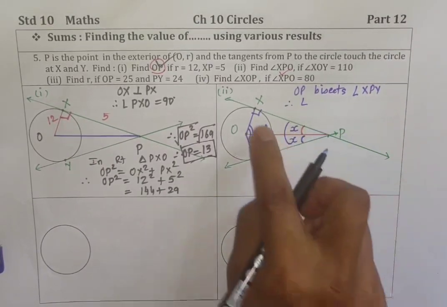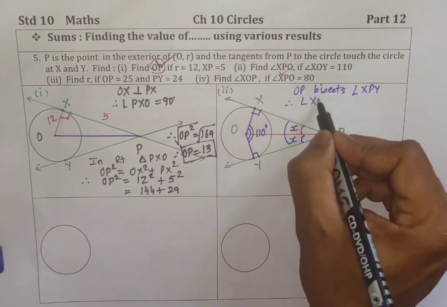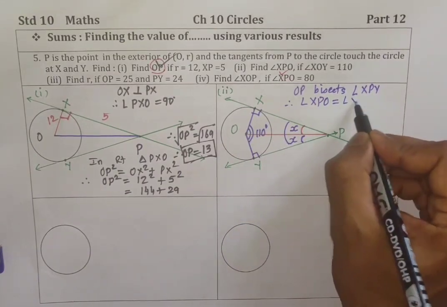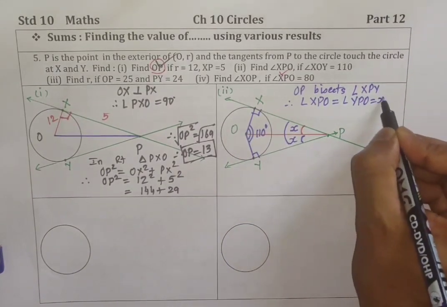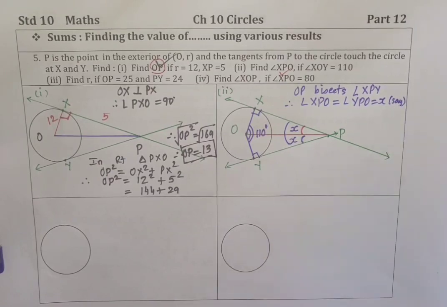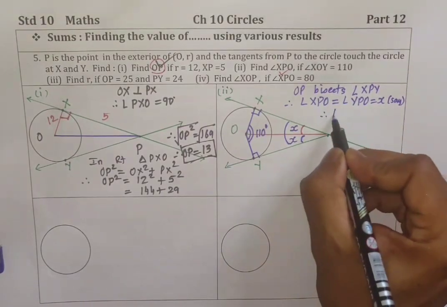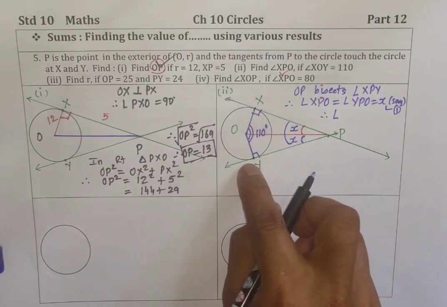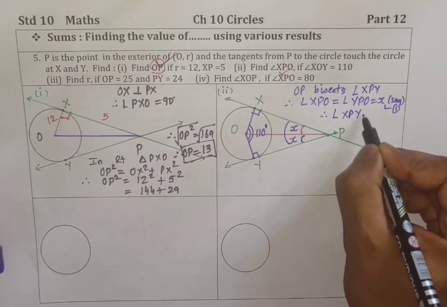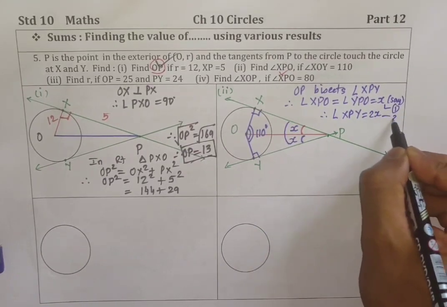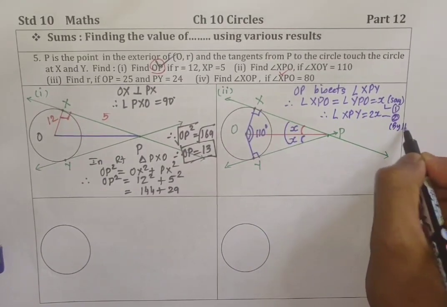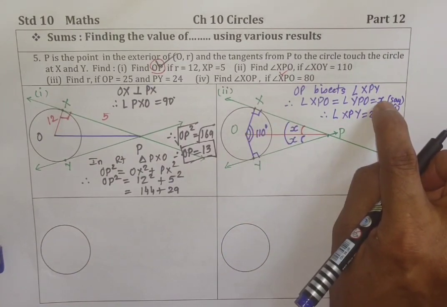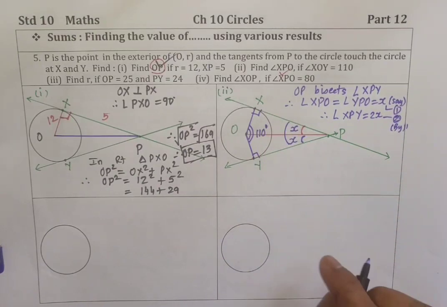Therefore, angle XPO is equal to angle YPO, which is X. Correct? Call this result 1. Therefore, angle XPY is equal to 2X. Call this result 2. By 1, if this XPO is small x, then the whole angle will be 2X.